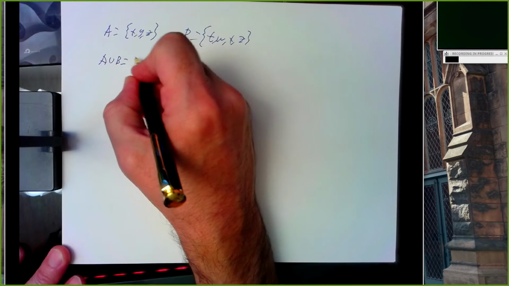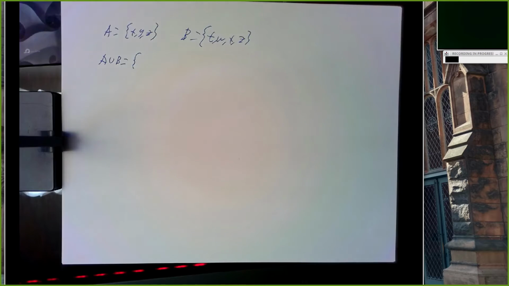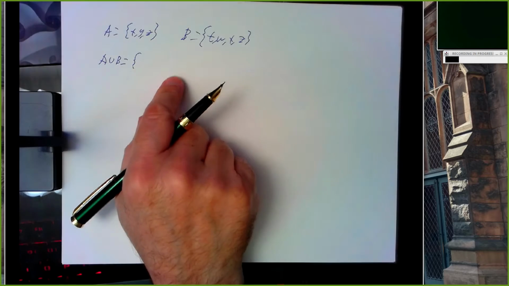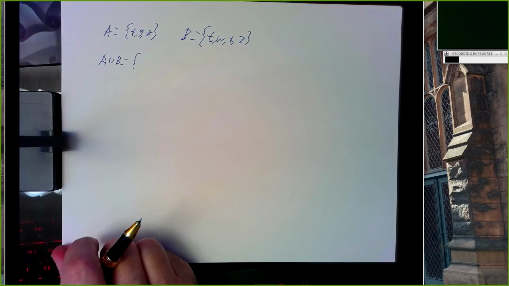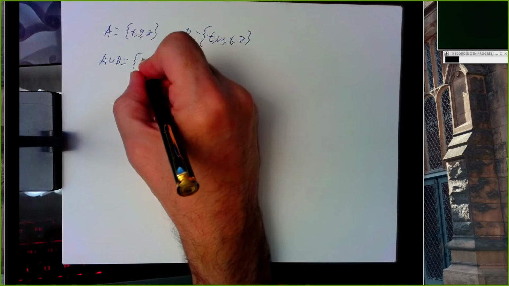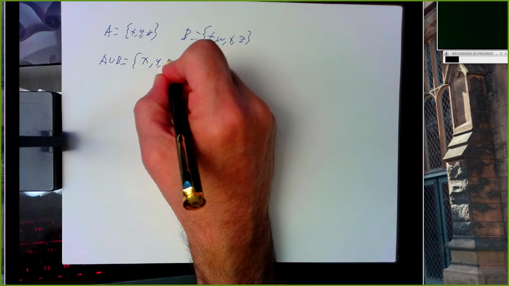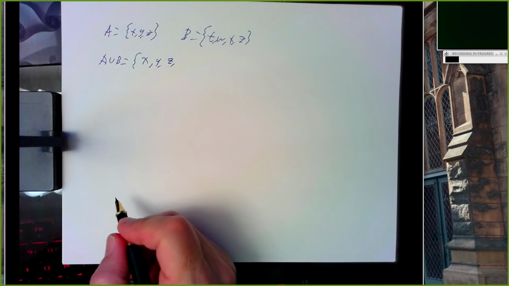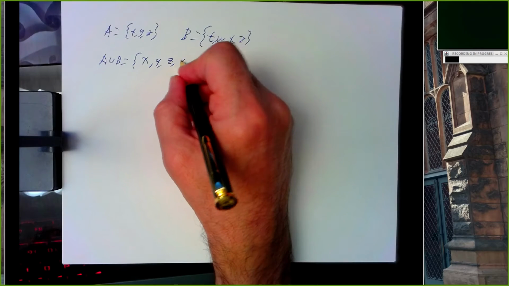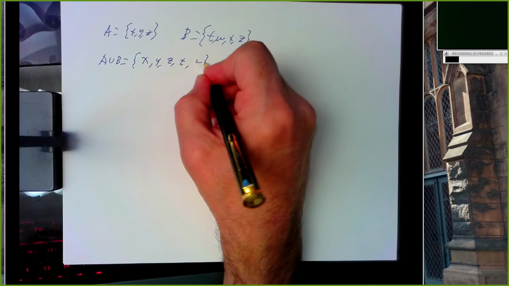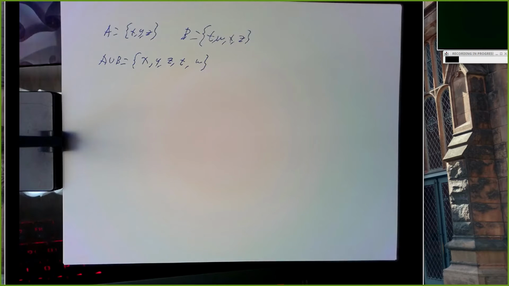And the union just means the collection of all things that belong to either set. It's also like a logical OR operation. List an element in this union if it belongs to A or it belongs to B. So X belongs to A, Y belongs to A, Z belongs to A, T belongs to B, and W belongs to B. So there's the union.